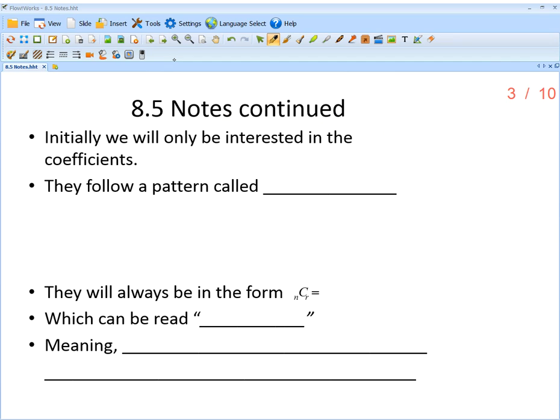So initially, what we're going to talk about right away is the coefficients. I've talked a little bit about the exponents already, but the coefficients, the lead numbers, follow a pattern that's called Pascal's triangle. In the next slide, we'll write out that whole Pascal's triangle. Well, not the whole thing, but you'll get the process down.